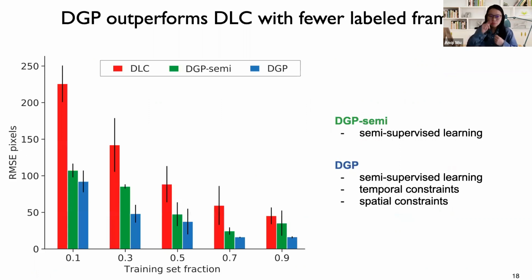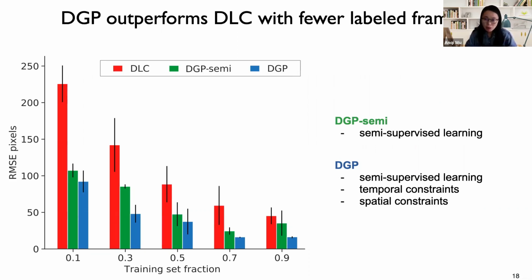Okay, previously, I've only shown the comparison qualitatively. Here, I'm showing the comparison quantitatively by using these numbers. We include an intermediate model, DGP Semi, which is a semi-supervised learning model without any temporal or spatial constraints.